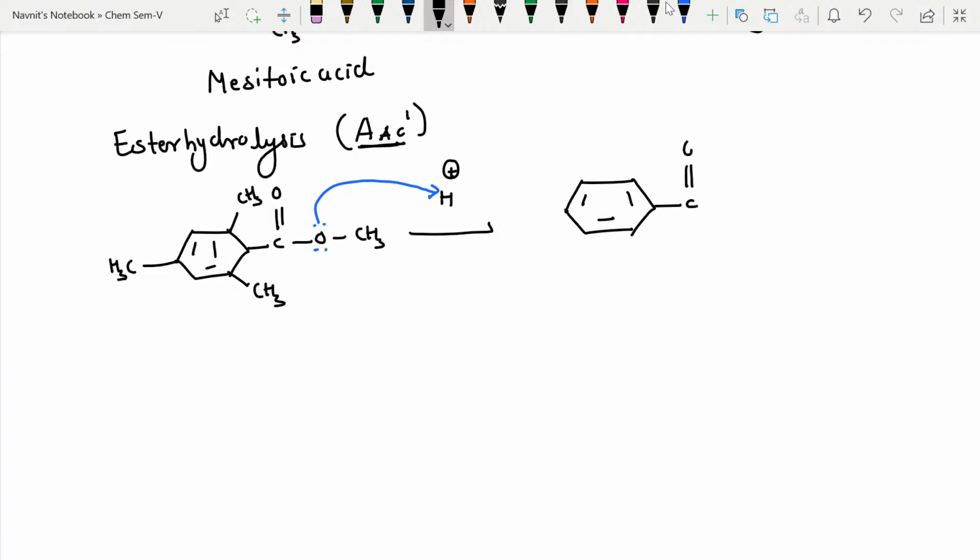We get protonated ester. So one lone pair still remains. One of the lone pairs is used for the protonation. That's why this oxygen becomes positively charged. And these three methyl groups remain as they are. So this is a forward step, and the forward step is known as protonation.